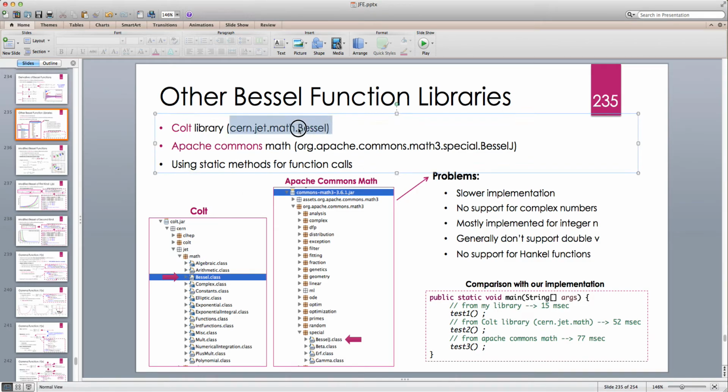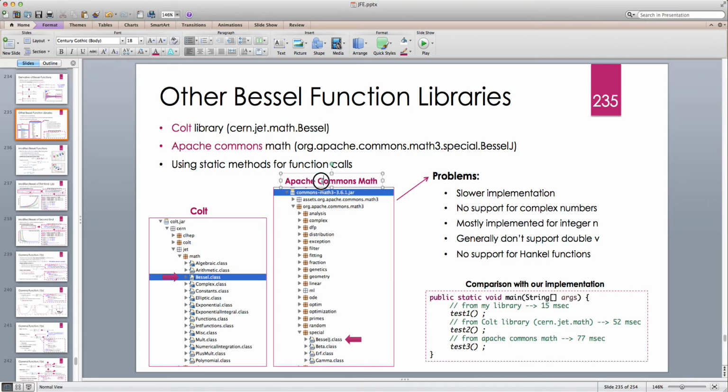So there is a Bessel class there, and it's a very limited implementation. I believe it only calculates for integer parameters, so jn. And none of these ever support complex numbers. For some reason, complex numbers were never standardized in Java.